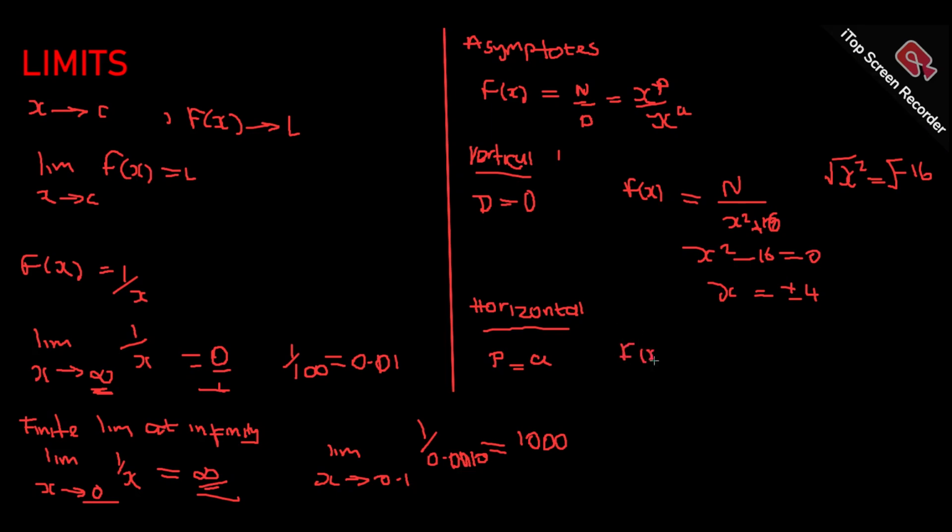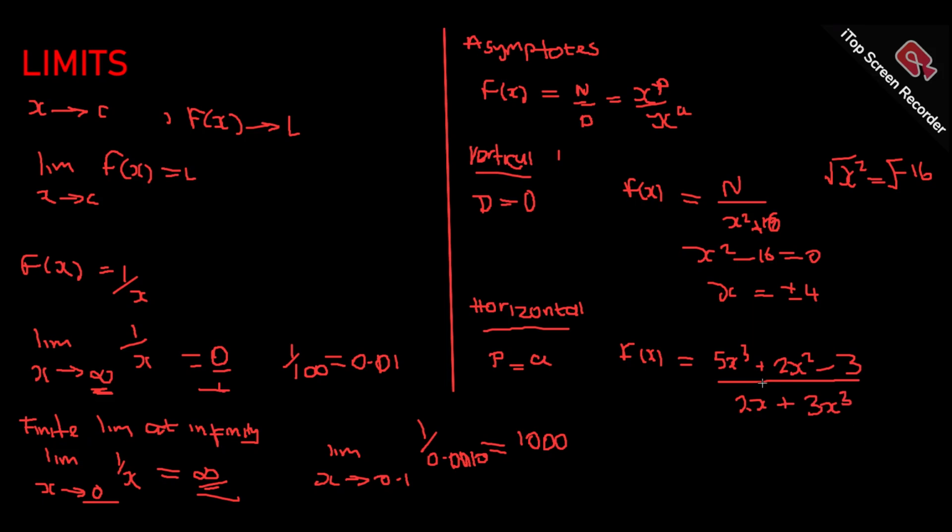Let's do an example. Suppose you have a function (5x raised to the power 3 plus 2x squared minus 3) over (2x plus 3x raised to the power 3).